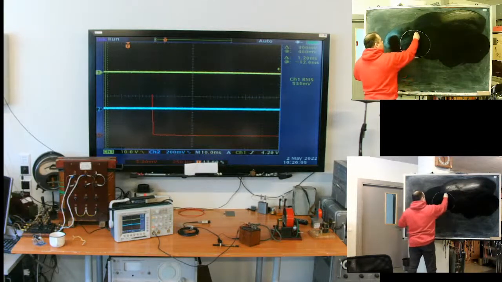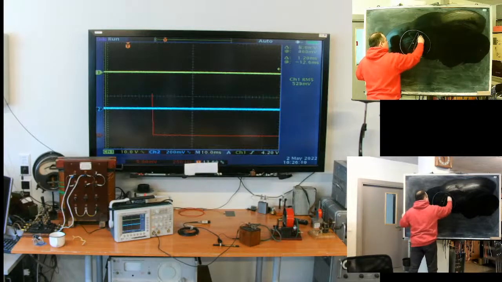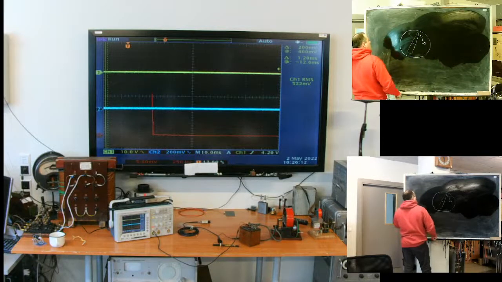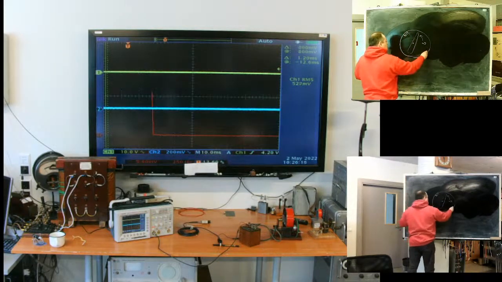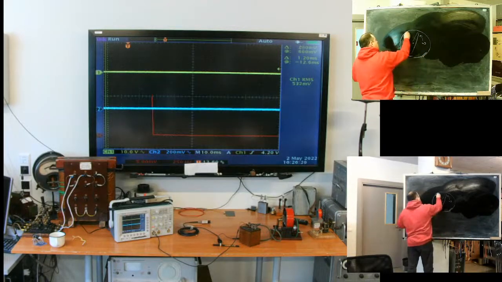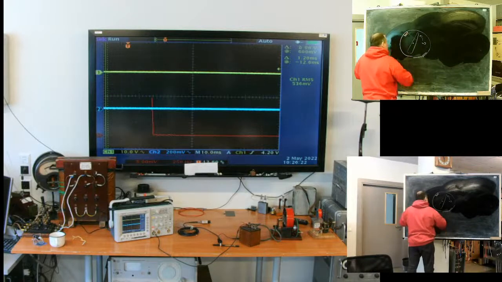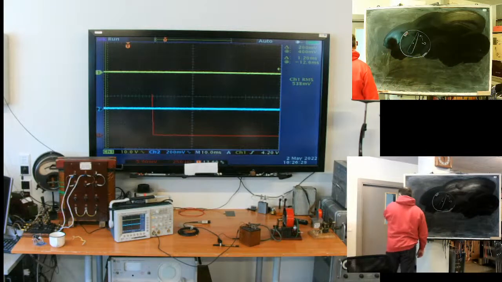I have a circle. I have a rotating ring. I will place 2 magnets like this. This will be south, north, and north, south. I'll place 2 magnets.